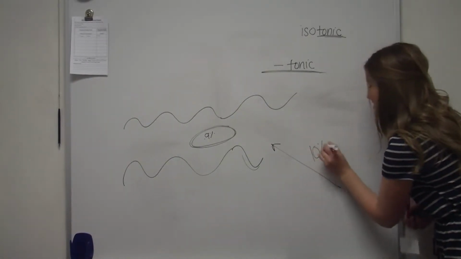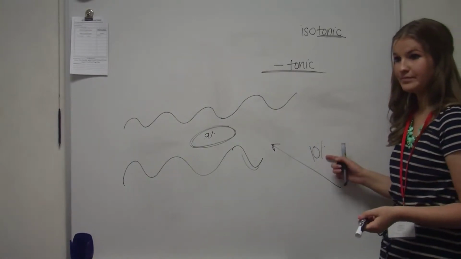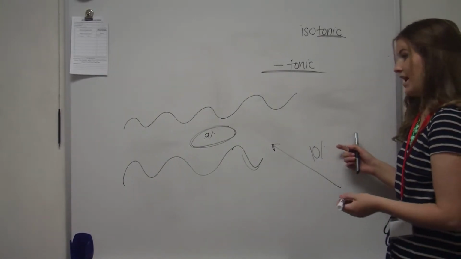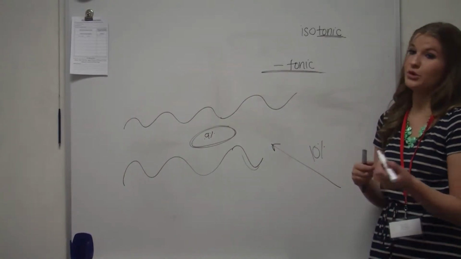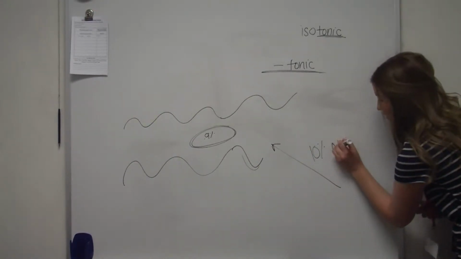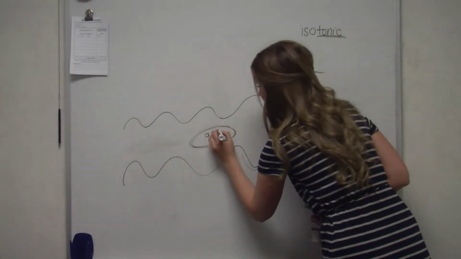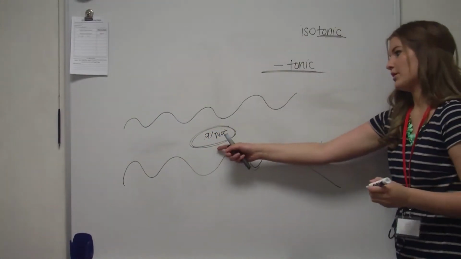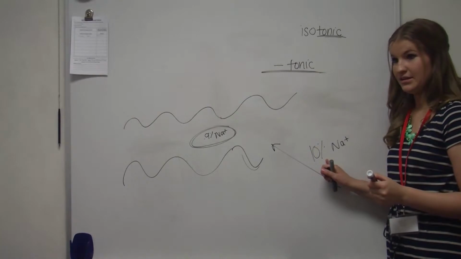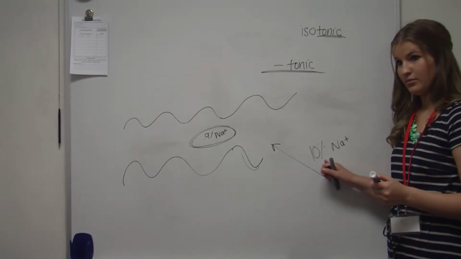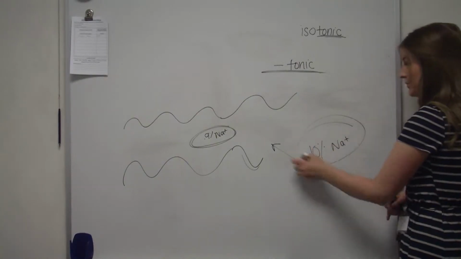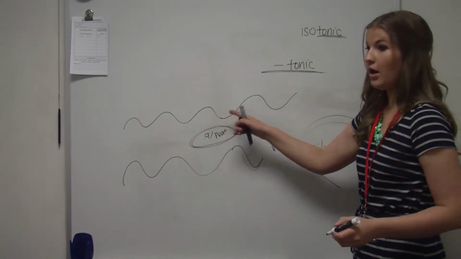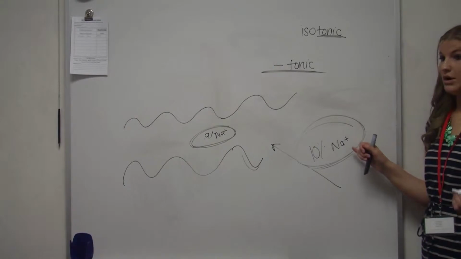Let's say we put 10% saline into our blood. Where is the most salt? Remember, saline is made of sodium. Which one has more, 0.9% or 10%? Which is the bigger number for the saline? So 10%. If we throw the ball over here, where's the water going to go?